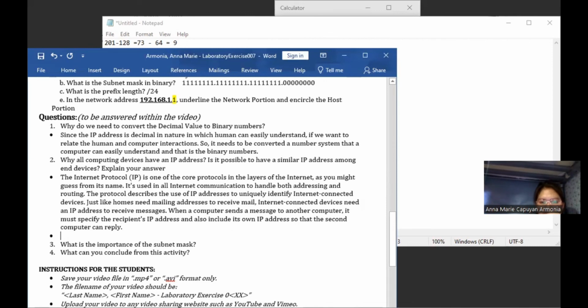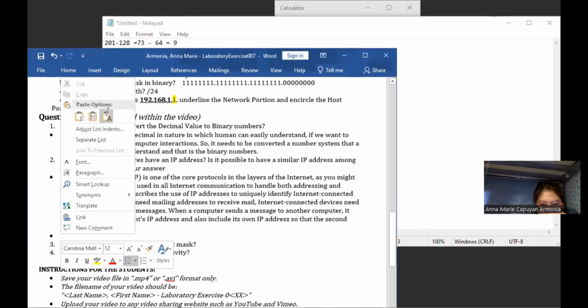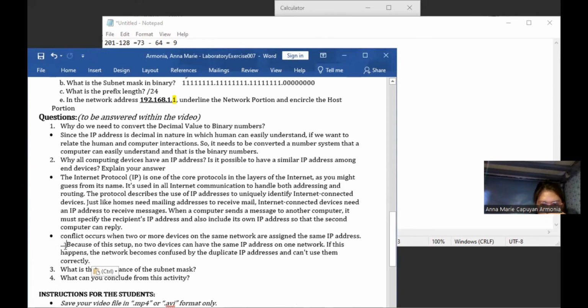Second one, is it possible to have the same IP address on two devices? No, because a conflict will occur when two or more devices in the same network are assigned the same IP address.